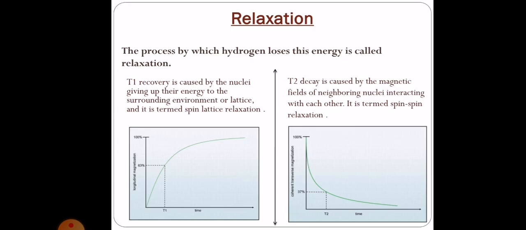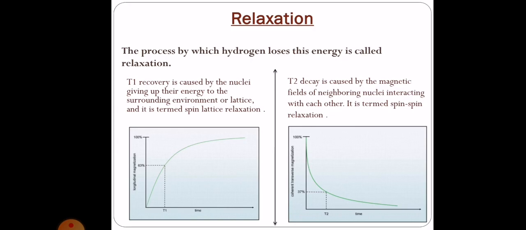The recovery of the longitudinal magnetization is caused by a process termed T1 recovery, and the decay of transverse magnetization is caused by a process termed T2 decay. We will further see why T1 is called recovery and T2 is called decay. In a simple sentence, the process by which hydrogen loses the energy is called relaxation.